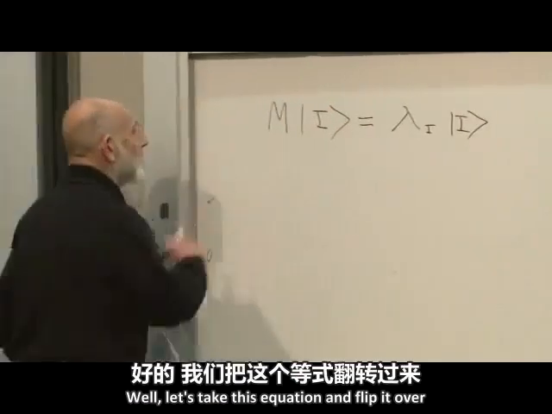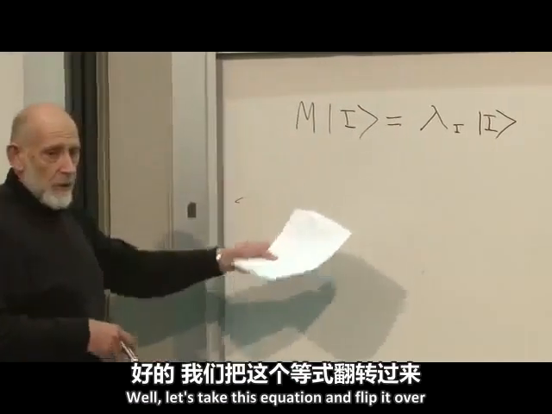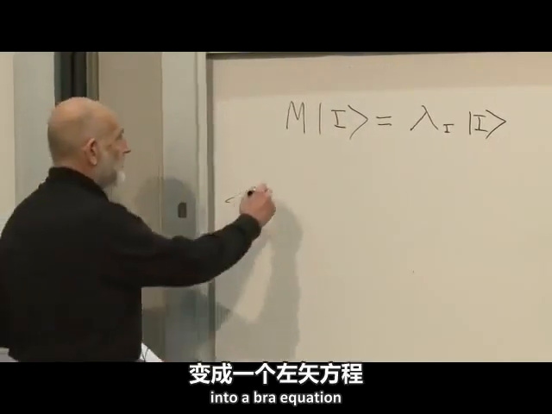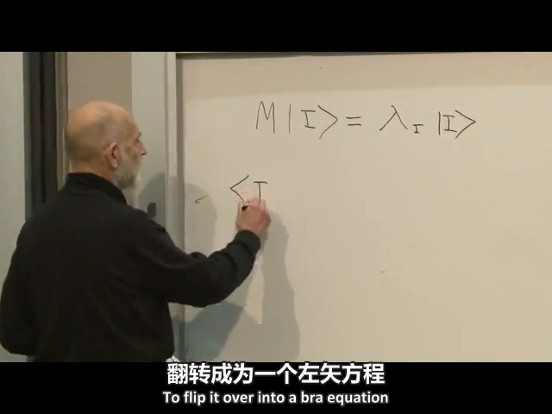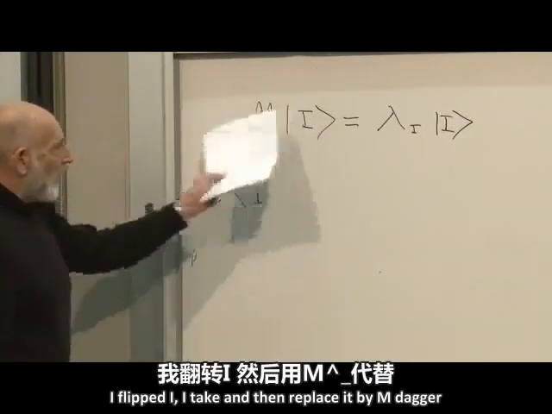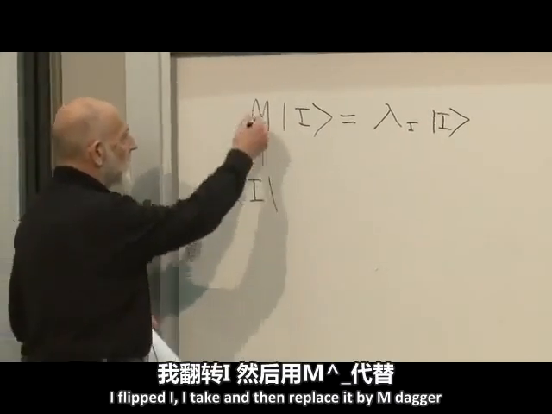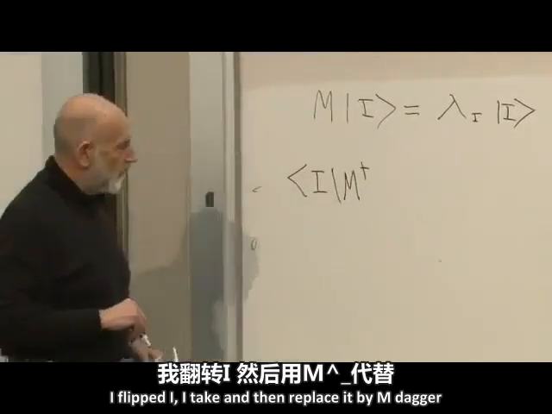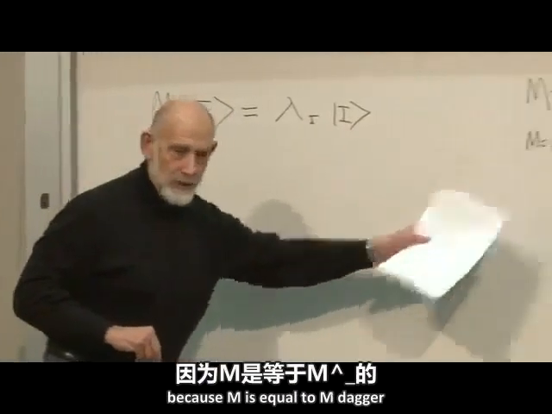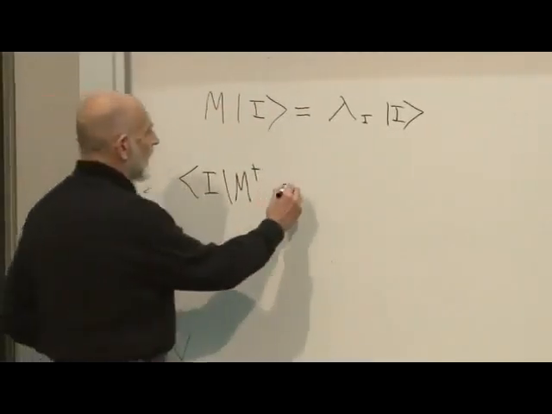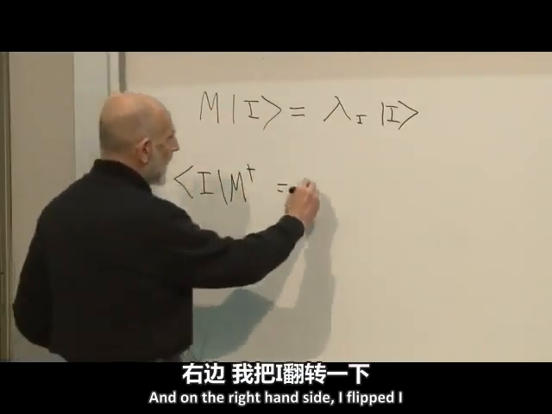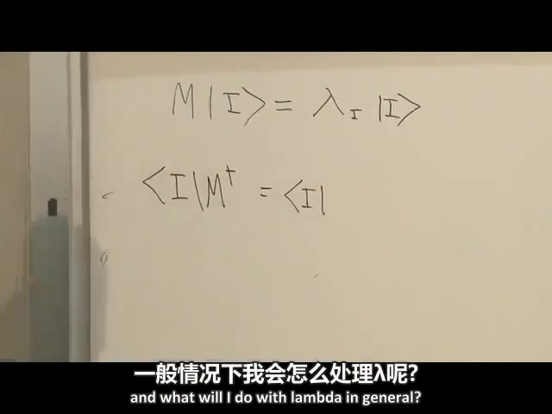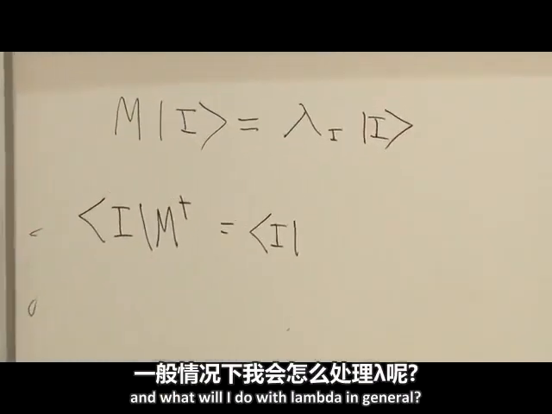All right, let's prove that it's real. Well, let's take this equation and flip it over into a bra equation. To flip it over into a bra equation, I take M and I replace it by M dagger. Well, that's not going to do much because M is equal to M dagger. And on the right-hand side, I flip i, and what do I do with lambda in general?